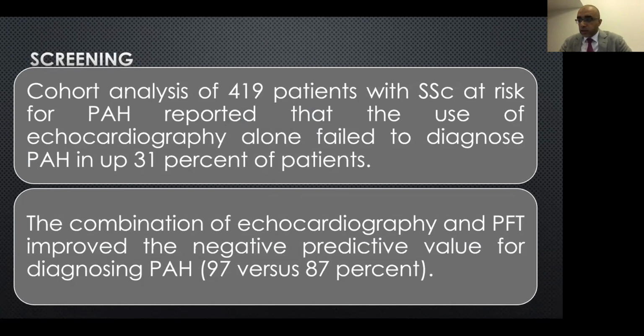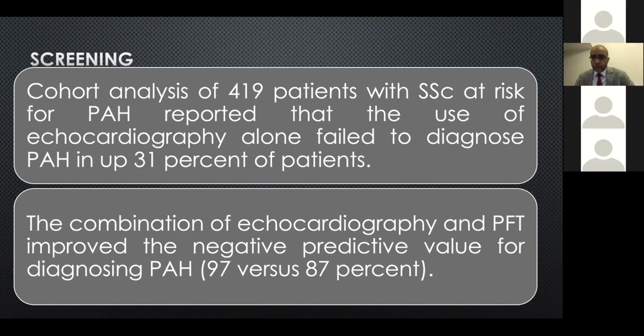Echocardiography alone missed almost 31% of cases of pulmonary hypertension that were confirmed later by right-sided heart cath, which means that echocardiography alone is not a valid screening tool to rely on without other parameters that can help in early pickup of patients. Combining the echo findings with pulmonary function tests is very helpful to improve the sensitivity of this tool to pick up cases very early.